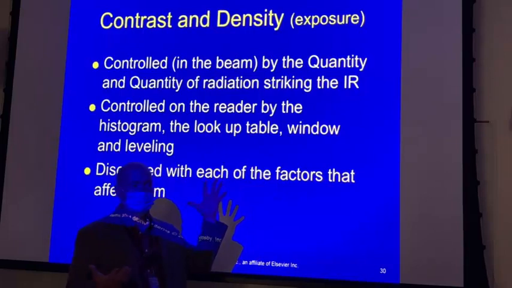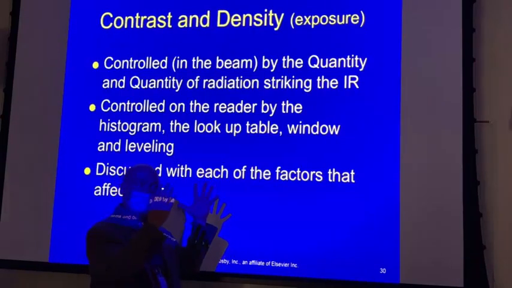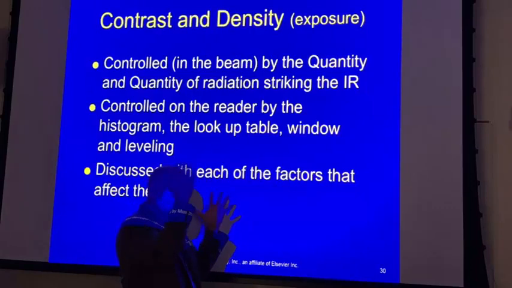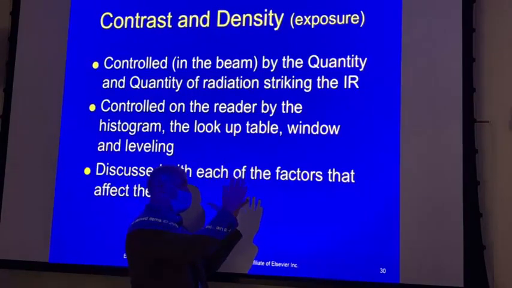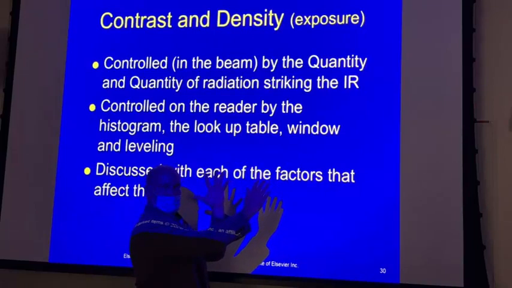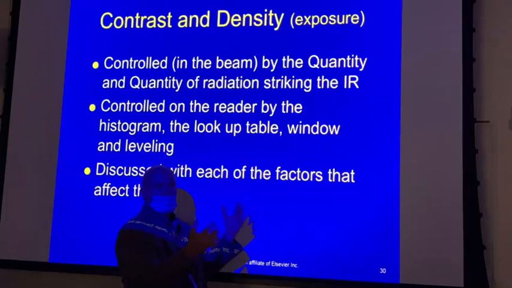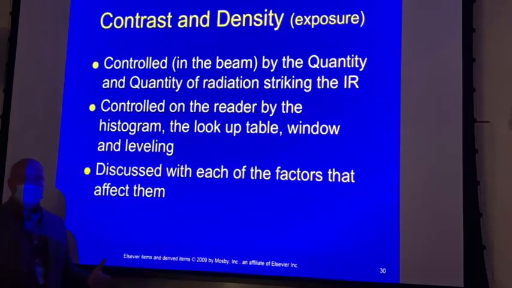And you make an exposure, let's say, with too low of a kVp, and you got too high of a contrast. The computer takes your histogram and it applies it to the lookup table and it says, I want this to look like that. They look similar, right? You can tell they're both hands, but what's going to happen is it's going to basically superimpose them so that they look almost identical. Okay? So both of them are histograms.